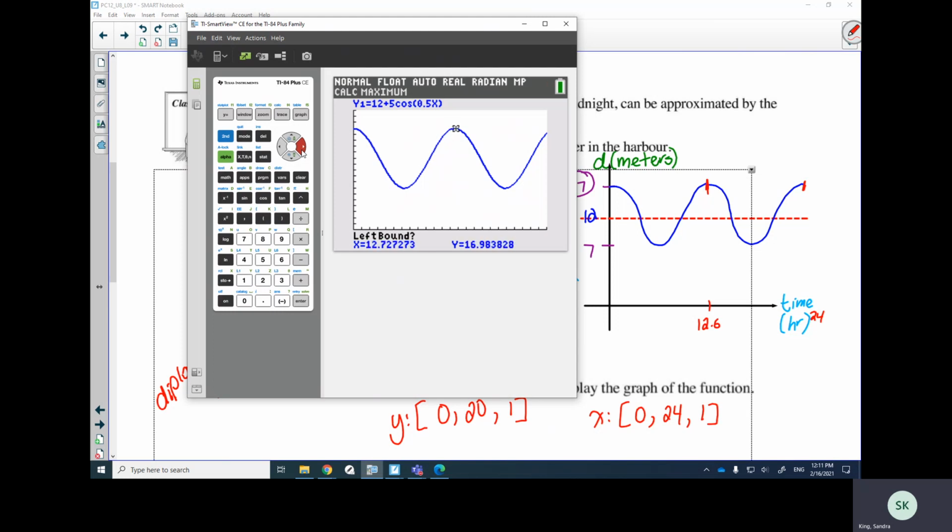The maximum is just the vertex at that peak, but it wants me to go left of it. So I'm going to go left and hit enter. It wants me to go right of the maximum. I'm going to hit enter. So there it is. 12.56 hours. The depth is going to be at 17. So one period is 12.5 hours, basically.